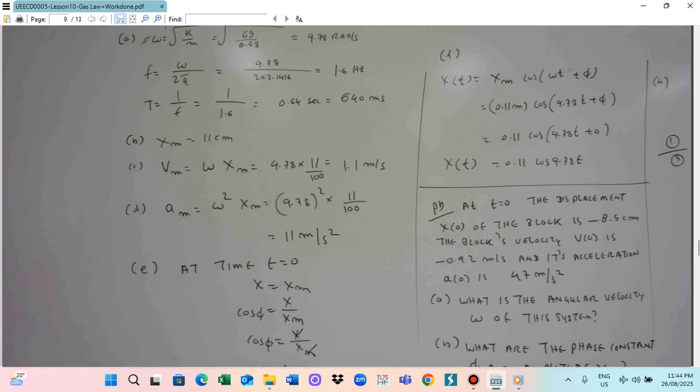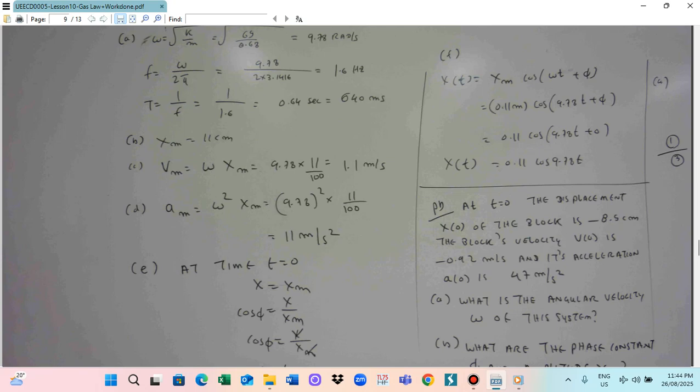And D, what is the magnitude am of the maximum acceleration of the block? So the maximum acceleration of the block can be calculated. The equation for am is omega square multiplied by hm.